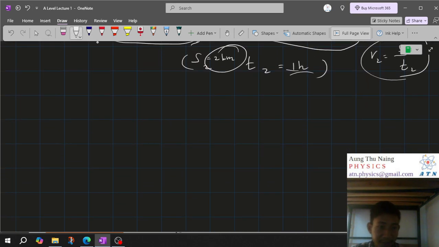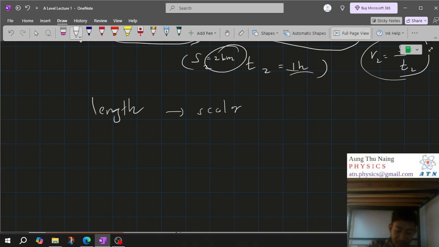Distance is the length of the path, and length is a scalar quantity. We do not need to consider the direction of motion for distance travelled. Therefore, distance is a scalar quantity. The direction is not important in measuring distance.